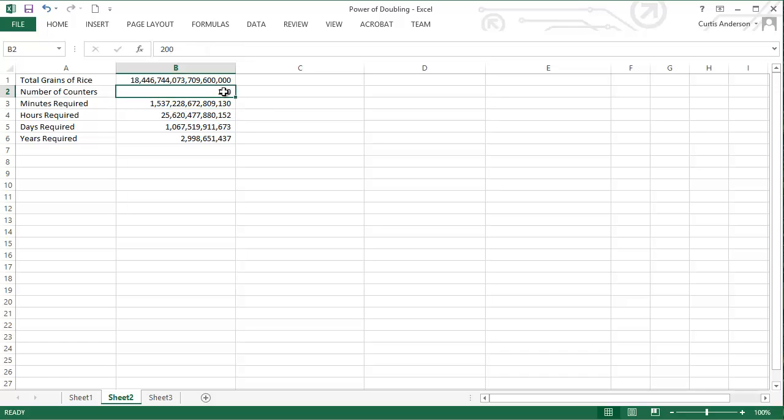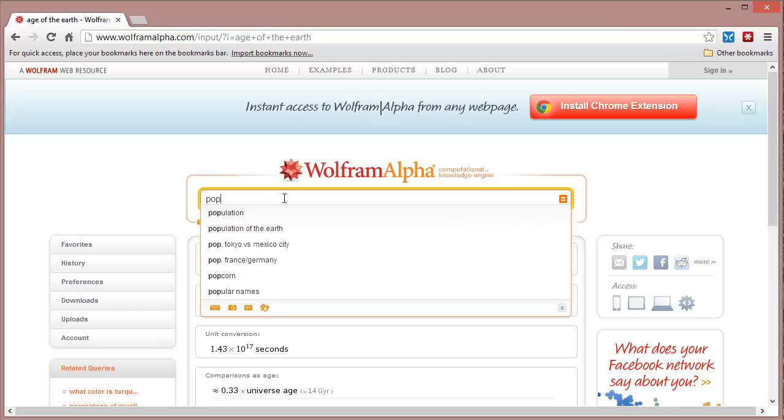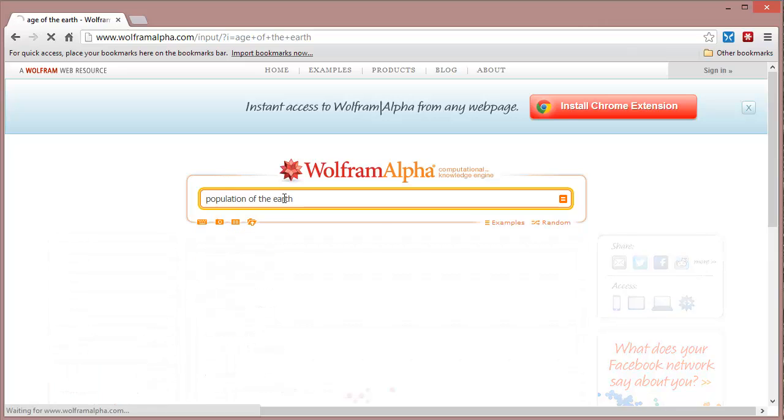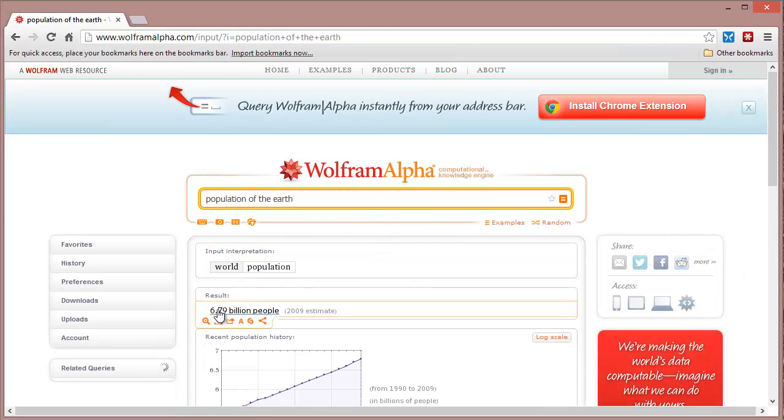How can we get it down to a reasonable time? Well, let's go back to this. Population of the Earth. Okay, 6.79 billion.